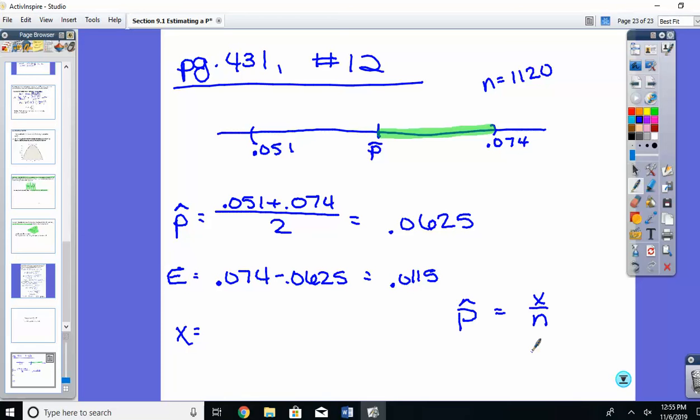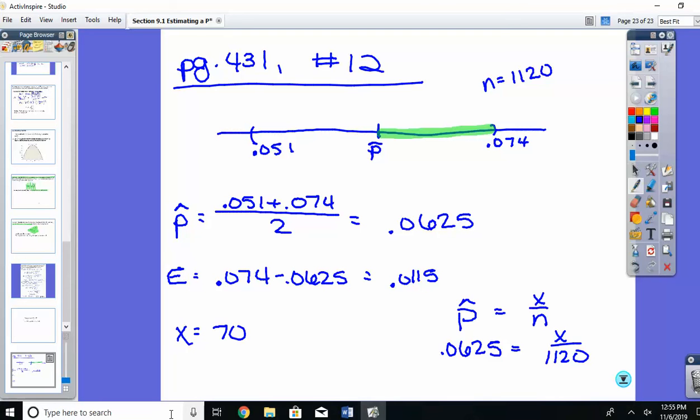P hat is x over n. We now know p hat from part A. So that equals x. N was given in the problem. So all you have to do is multiply by the 1,120, and x is 70.